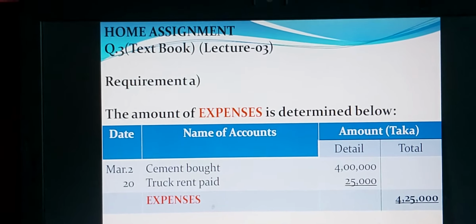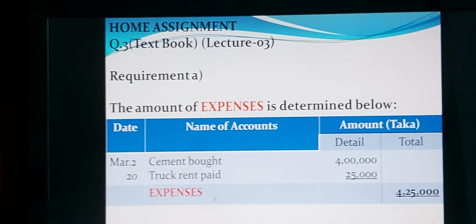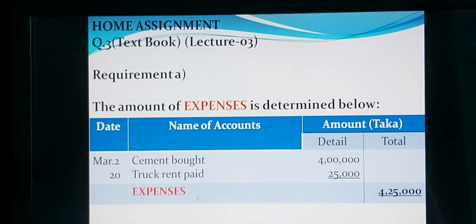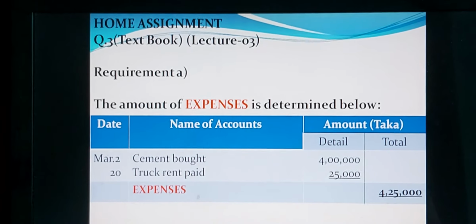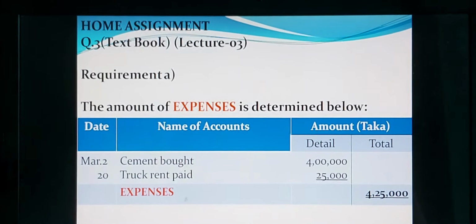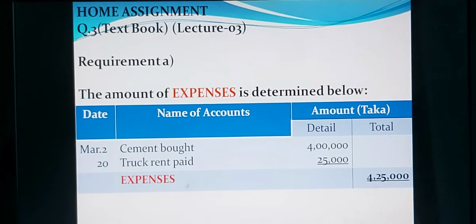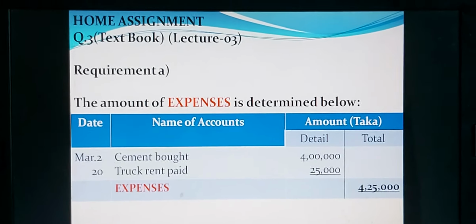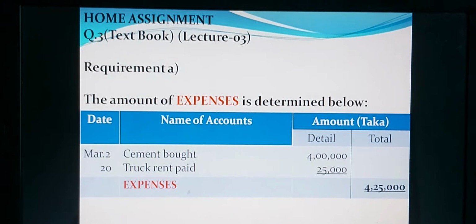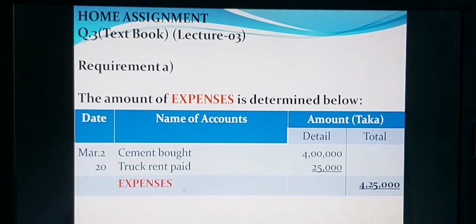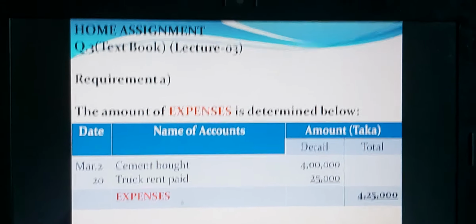Truck rent, that is the transportation expenses. Transportation in, transportation out, always is treated as expenses. So in this question, two expenses amount are available. Total of taka 4,25,000.